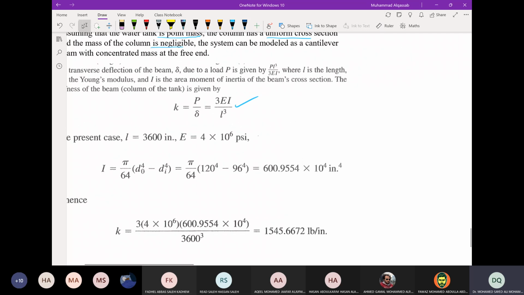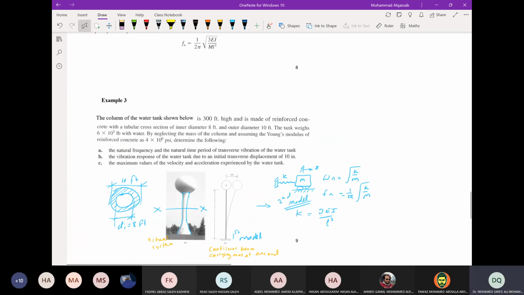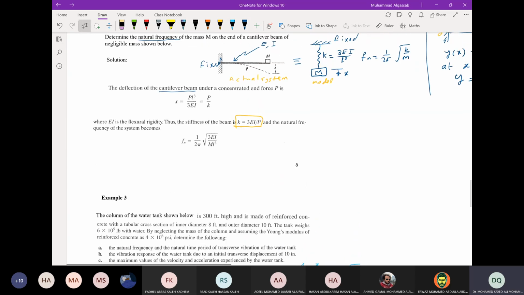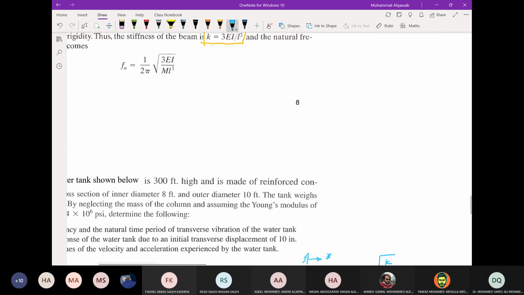for a cantilever beam, as in example 2, I didn't talk about I there because no numbers were given.